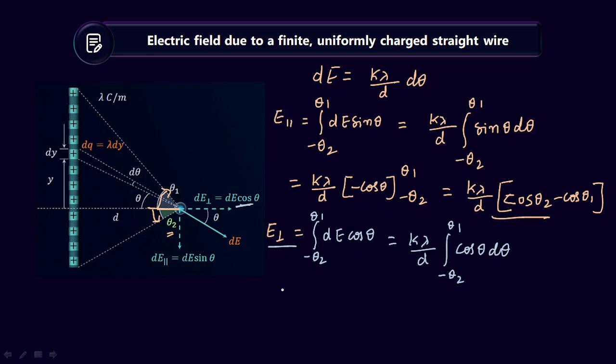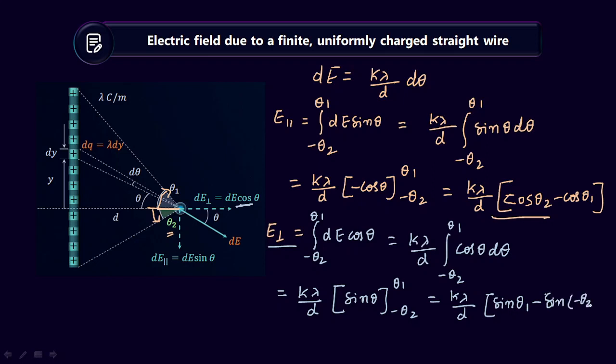Now put the values. So this we can write as k lambda by d. The integration of cos theta will be sine theta from minus theta 2 to theta 1. So this we can write as k lambda by d times sine theta 1 minus sine of minus theta 2.